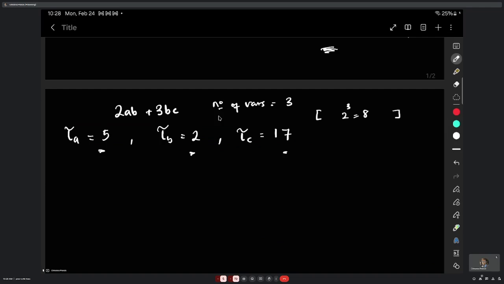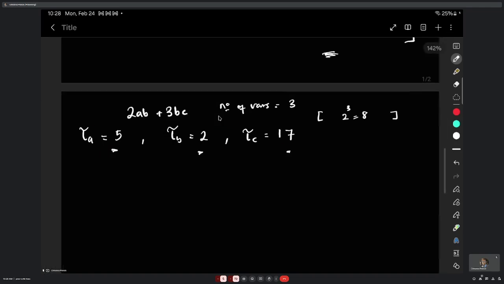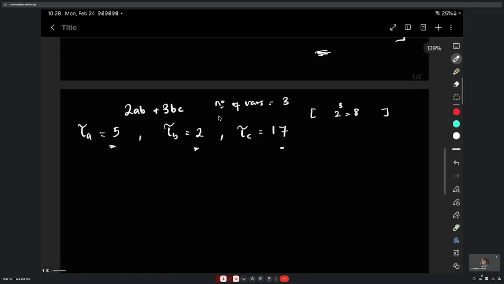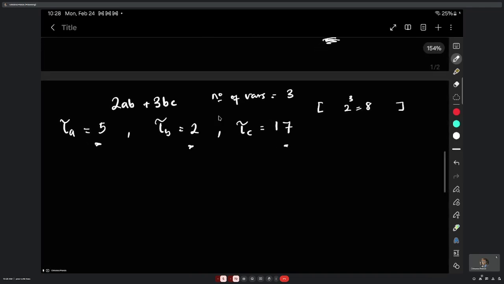First we have this polynomial with 2 to the 3 evaluation points. When we partially evaluate it at tau of a, we get a new polynomial in BC.